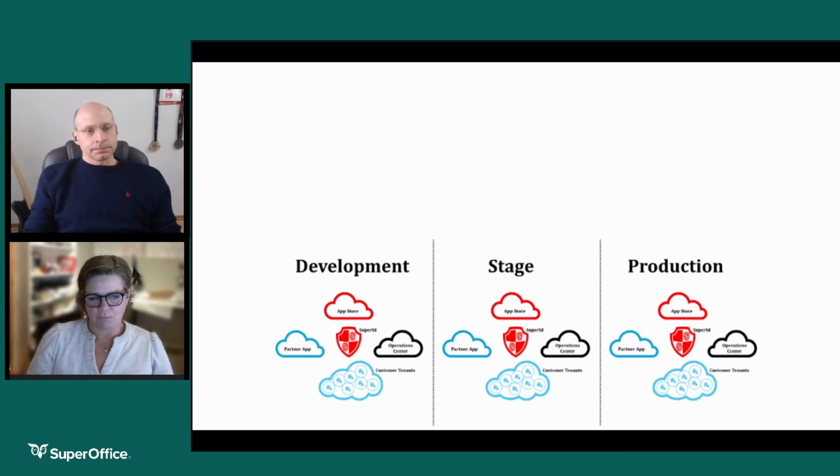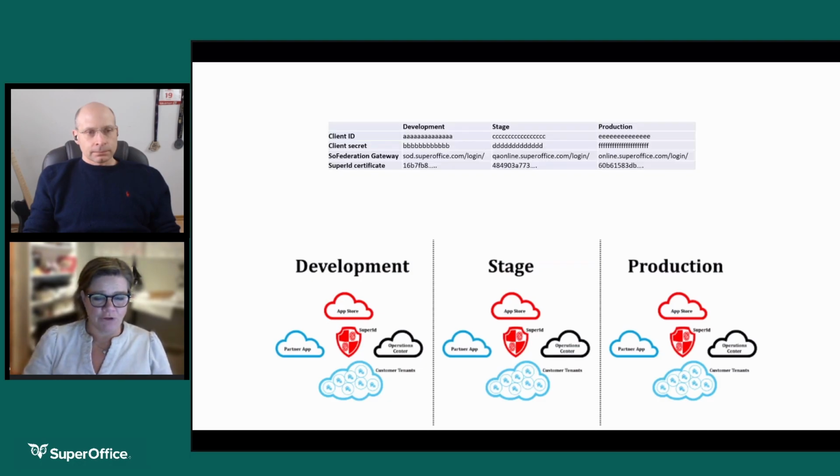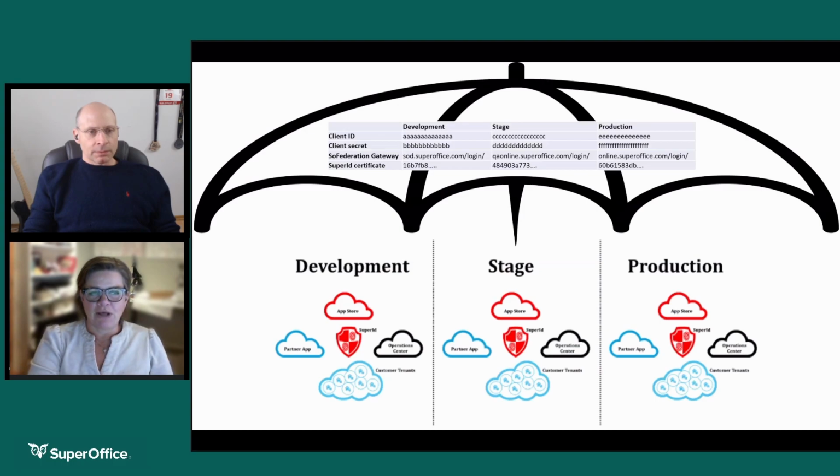Completely. Which means that when you create an app, you also have different IDs and tokens for the different environments, and different federation gateways and Super ID certificates. The developer portal is like an umbrella over all of our environments, making it possible to manage an app in all of them, from development until it has access in our production environment.